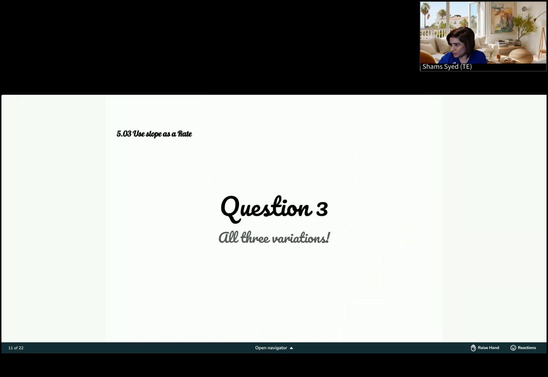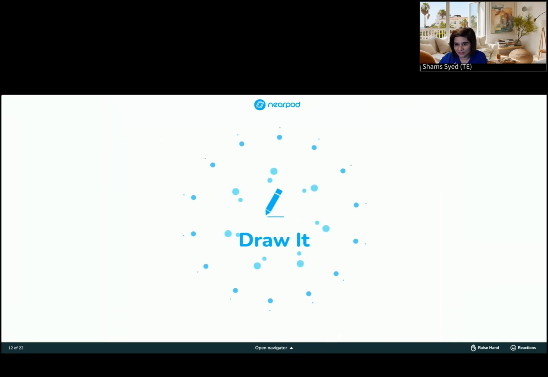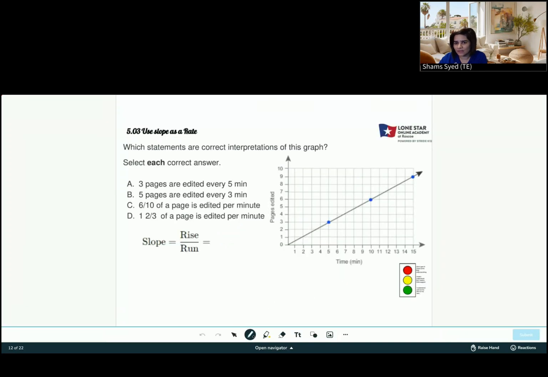Question 3. Question 3 is a different kind of a question, and here it is. So which statements are correct? Notice the question says statements, more than one correct answer, are correct interpretations of this graph.